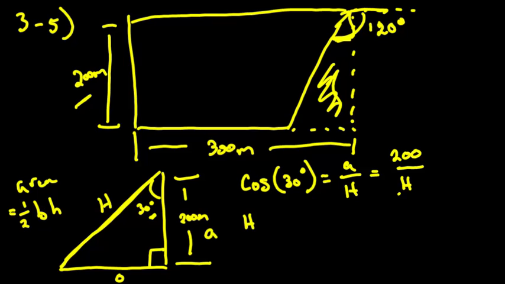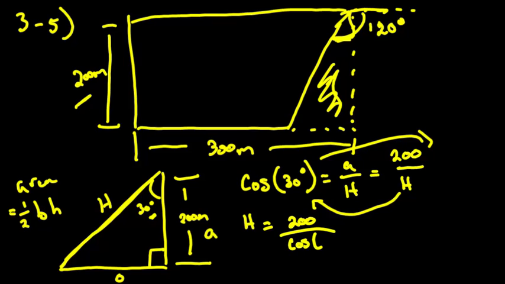We bring the H over to the other side, and the cosine over to this side, so that H is equal to 200 divided by the cosine of 30 degrees. The answer of this is H equals 230.9 meters.